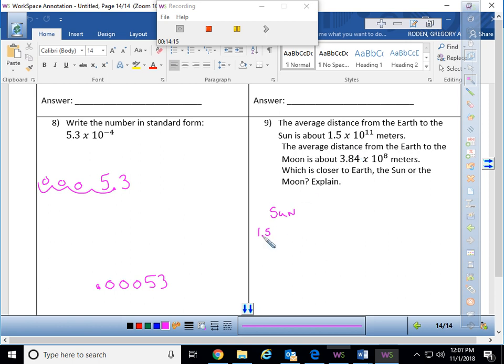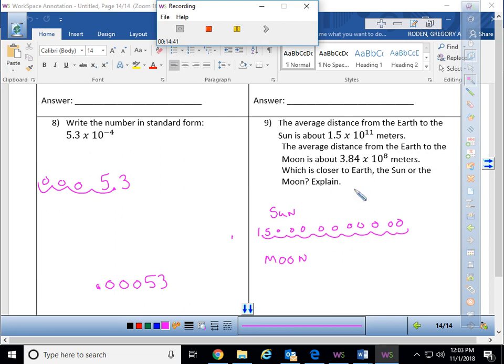Well, 1, 2, 3, 4, 5, 6, 7, 8, 9, 10, 11. So I believe we would fill in 10 empty scoop-de-loops here.